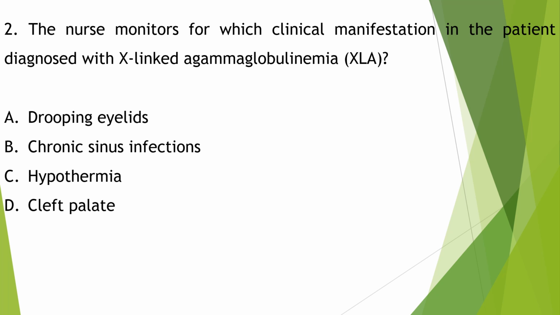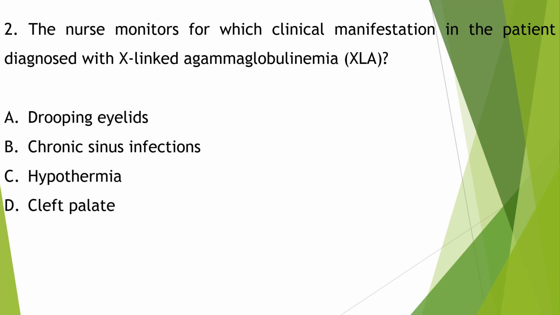So X-linked agammaglobulinemia is an X-linked recessively inherited disease. It is also known as congenital primary immune deficiency of B cells. If it was of the T cells, it is DiGeorge syndrome.